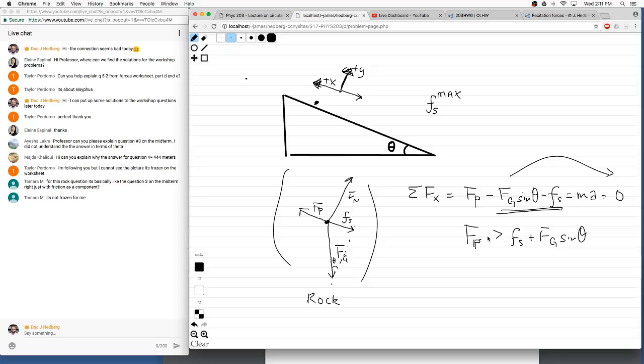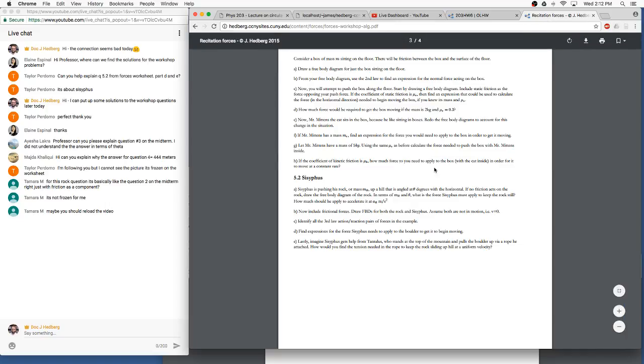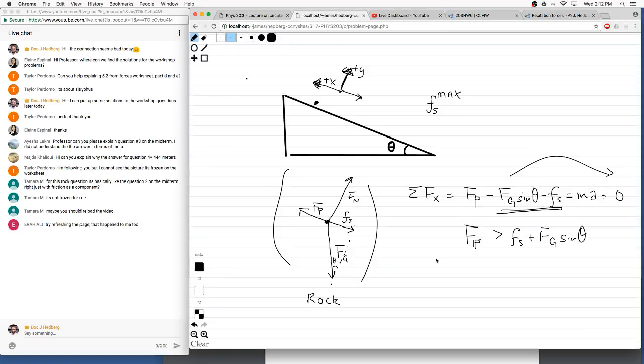So maybe just, if it's frozen for you, try and reload, or yeah, just reload the page. Yeah, I guess it's not a perfect technology solution yet, but we can do what we can.